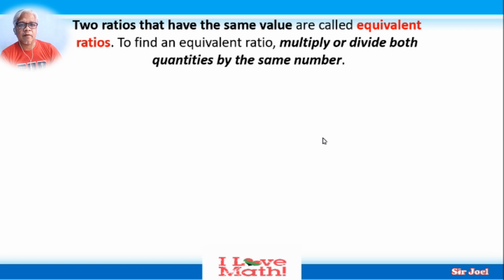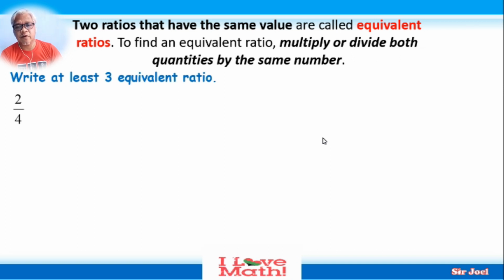And speaking of equivalent ratios, this of course is the same as equivalent fractions. Kung maalam kang kumuha ng equivalent fractions, then you can also get equivalent ratios. Okay? Example, write at least 3 equivalent ratios of 2/4.